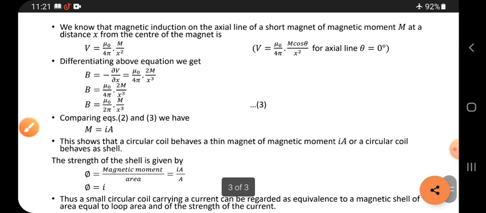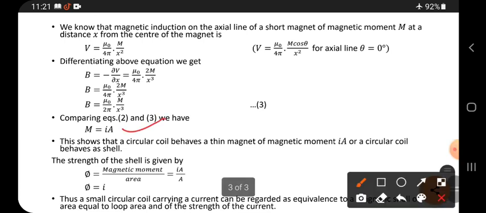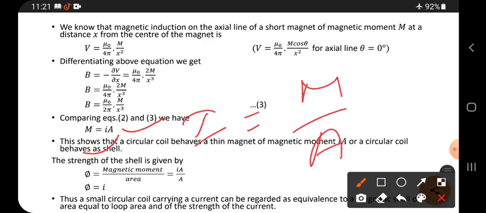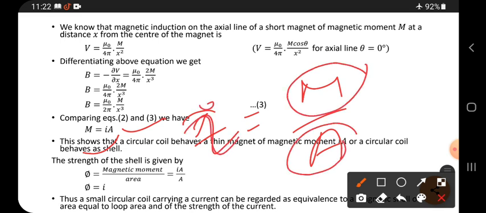In the place of m, we have IA. So bring A to this side, then I is equals to m by A, the magnetic moment per unit area. I means current here.